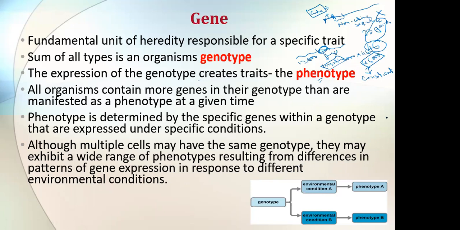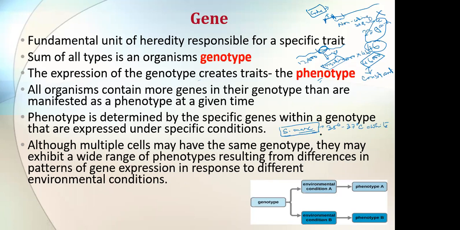Like in the lab, you can see the bacteria Serratia marcescens. If you culture Serratia marcescens inside the incubator at 35 to 37 degrees centigrade, it will make just white colonies.